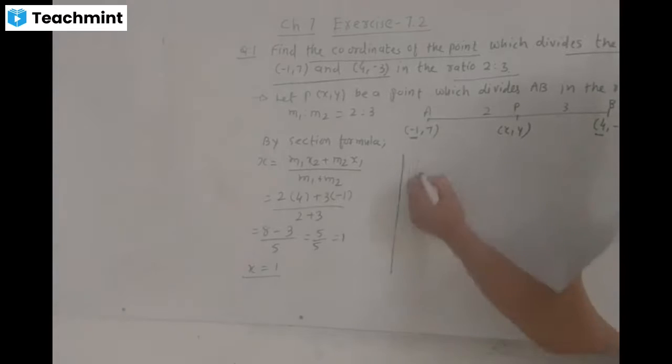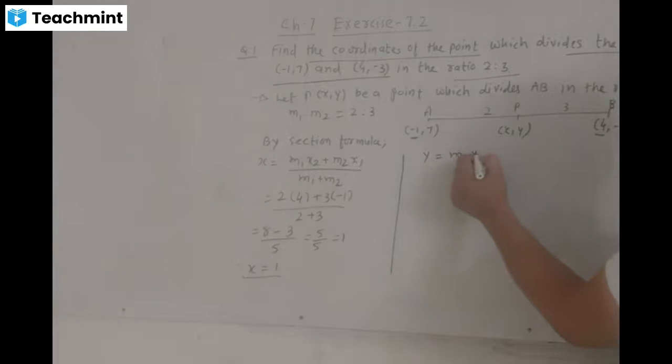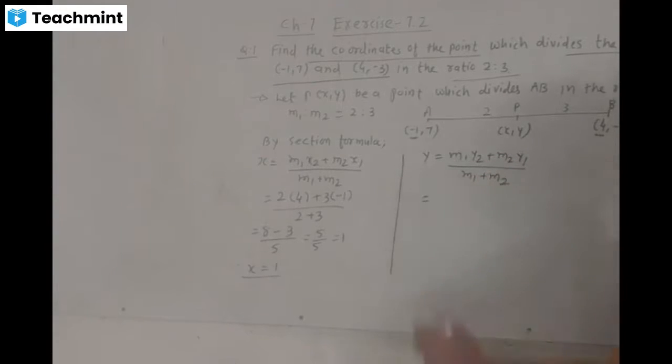Similarly, to find the value of y: (m1 y2 plus m2 y1) divided by (m1 plus m2). m1 is equal to 2, y2 is equal to minus 3, m2 is equal to 3, y1 is equal to 7, divided by 2 plus 3. 2 times minus 3 is minus 6, plus 21, divided by 5, that is 15 by 5, that is equal to 3.